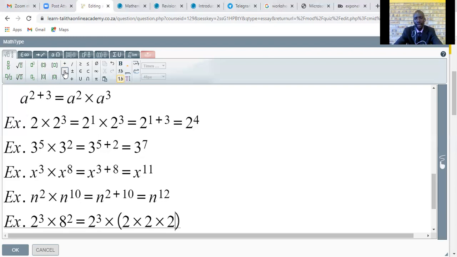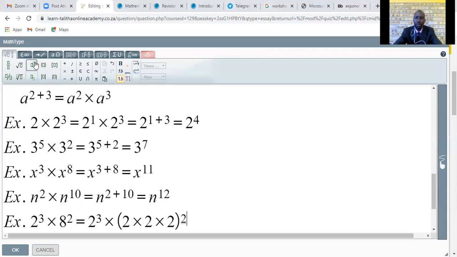Notice that 8 is the same as 4 times 2, and 4 is the same as 2 times 2. And so we can write the whole thing as 2 times 2 times 2. This is now going to give us (2 times 2 times 2) with exponent of 2.